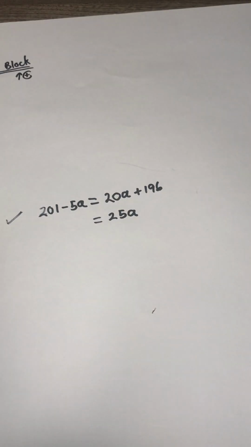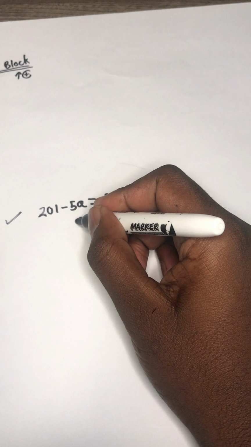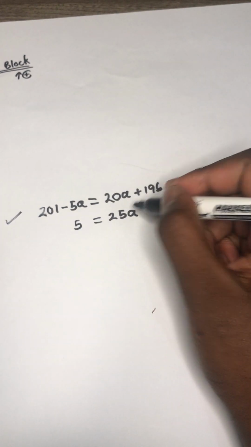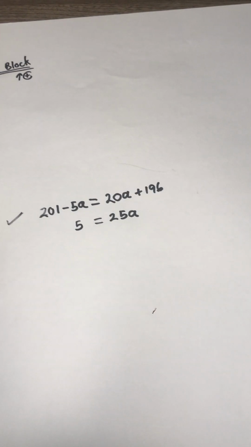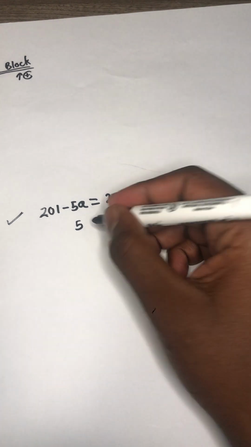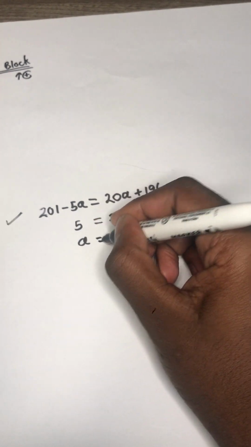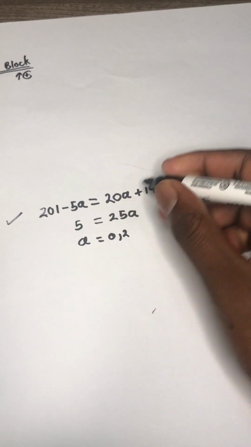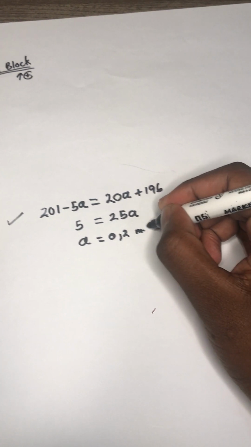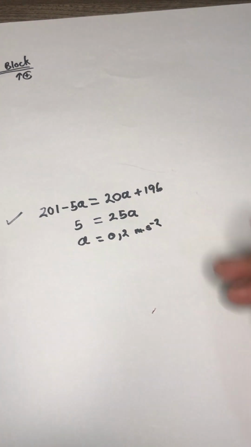Remember that when we transpose, we change sign, so 201 minus 196 is actually 5. So 5 divided by 25 is 0.2. Acceleration is 0.2 meters per second squared.